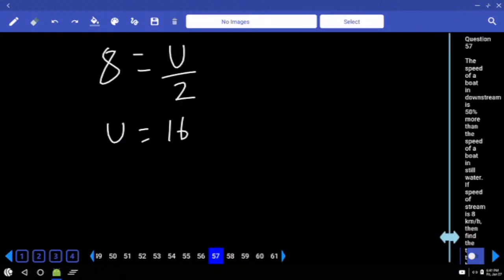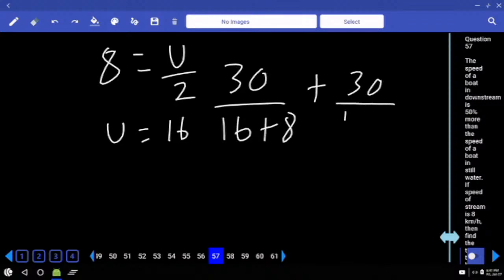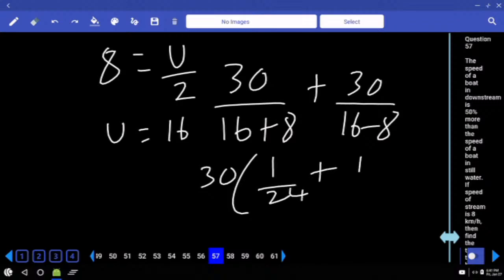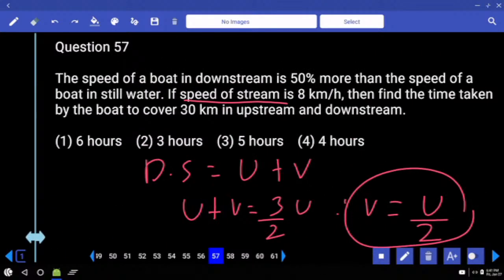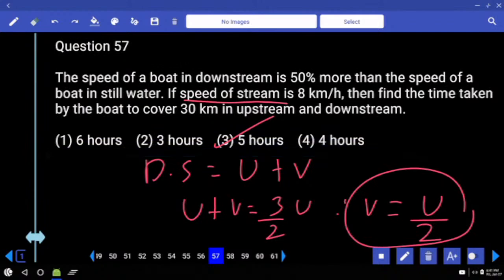Now all of you know, 30 by downstream, that is speed of boat in still water plus stream, 16 plus 8, and upstream means 30 by 16 minus 8, which comes to 30 into what here? 1 by 24 plus 1 by 8. This is 30 into what? 4 by 24. 5 hours it will take. 5 is the answer. That's it. Simple question. Okay. Right. Next one, 58.